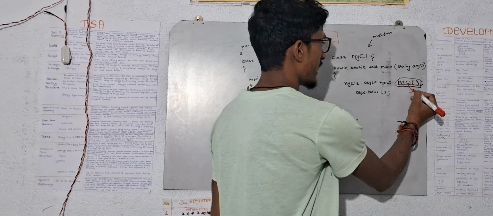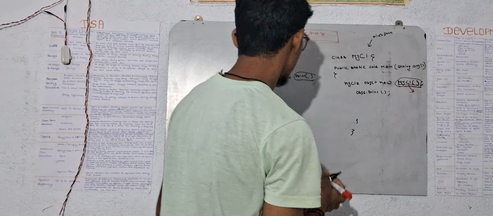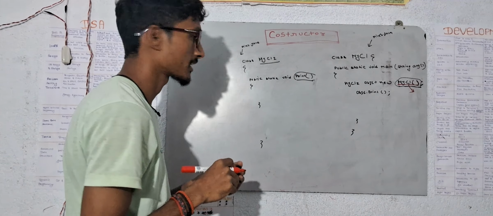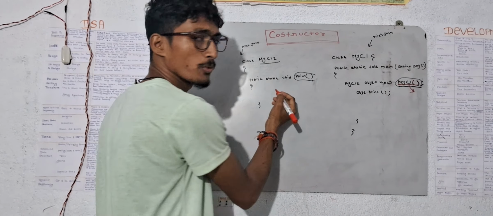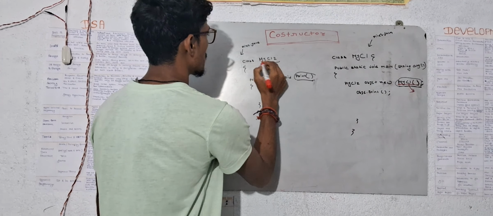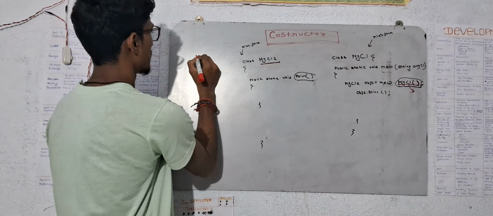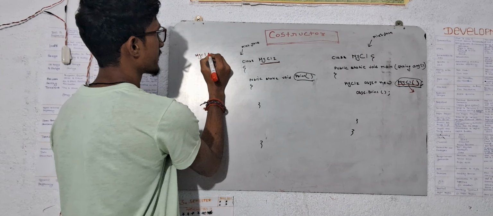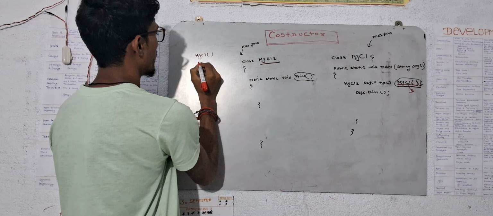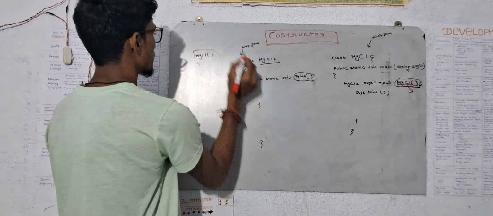If you want to identify the constructor, first, how does a constructor look? If you want to create a constructor, we write first the class name mycl in small brackets, and this is your constructor syntax.